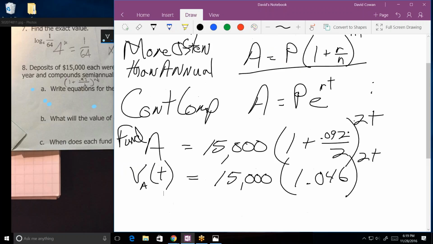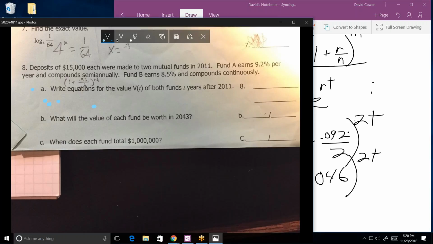And what's the formula for Fund B? In other words, you can't say V of t for both because they're not the same V of t. You have to distinguish them from one another if I'm going to write them together like this. Okay, so the other fund earns 8.5% but compounds continuously.